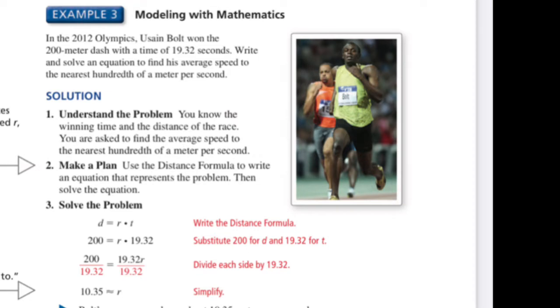We need to go back and look at example 3 to find out how long it took Usain Bolt to run 200 meters. And the solution of example 3 is 10.35 seconds. And we need to use it for number 7.